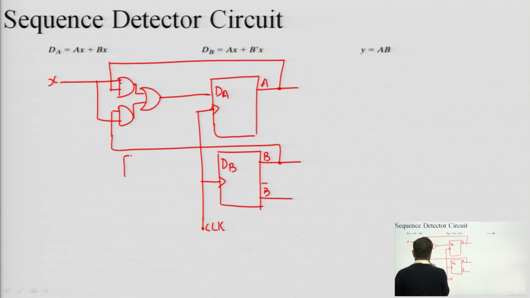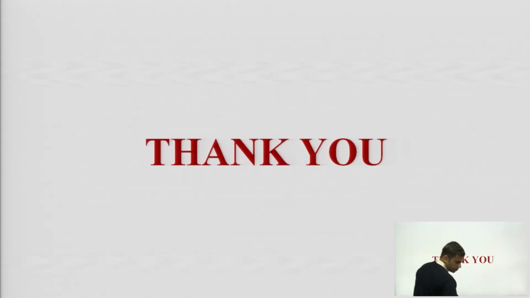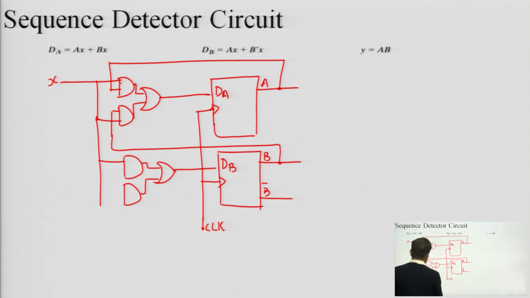Similarly, AX plus B bar X. For that we have to prepare another circuit. This X is again common to both, so this is again X and A, so this is your A and B bar.